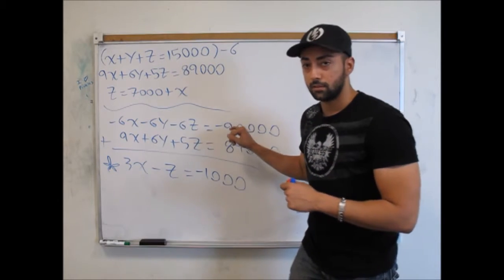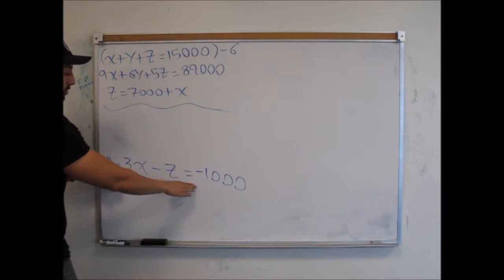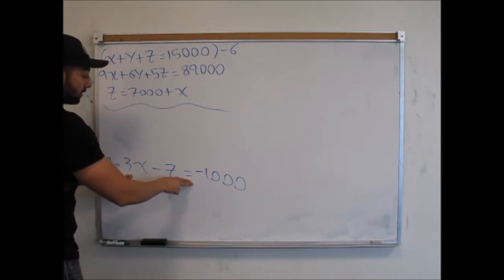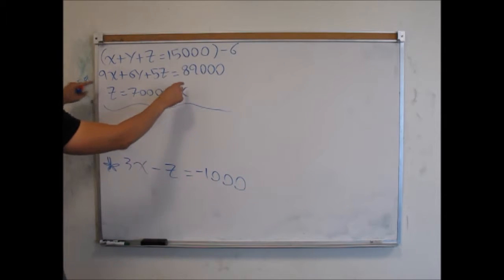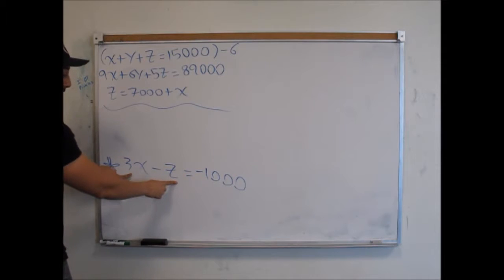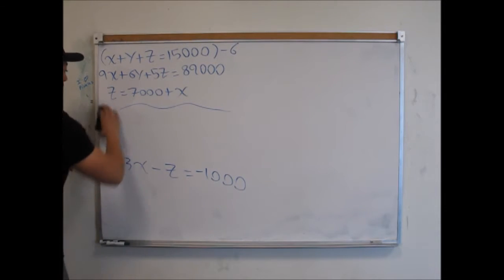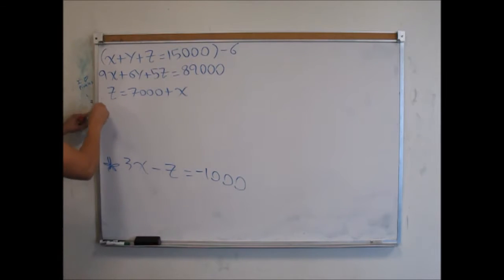So now this is a new equation that I want to work with. So let me just erase this. This is the new equation I achieved, and I want to work with this alongside this equation because there's a z and an x here, and there's also a z and an x here. So putting our focus on these two equations, notice that I already have what z is equal to, so I could substitute that into this z here.